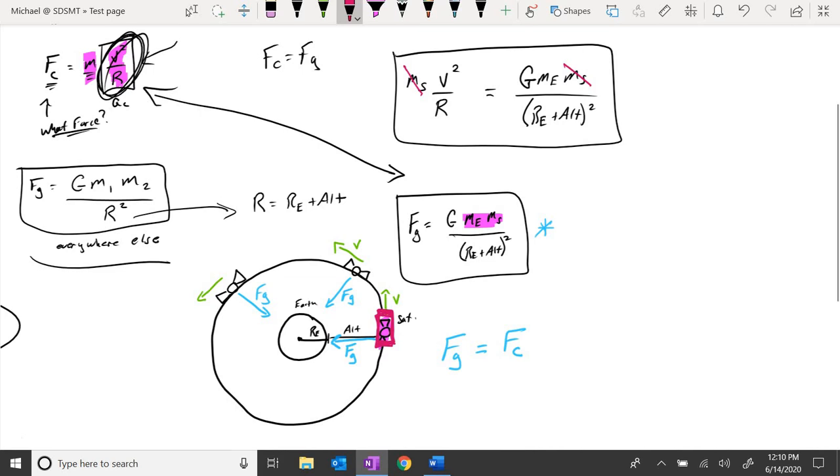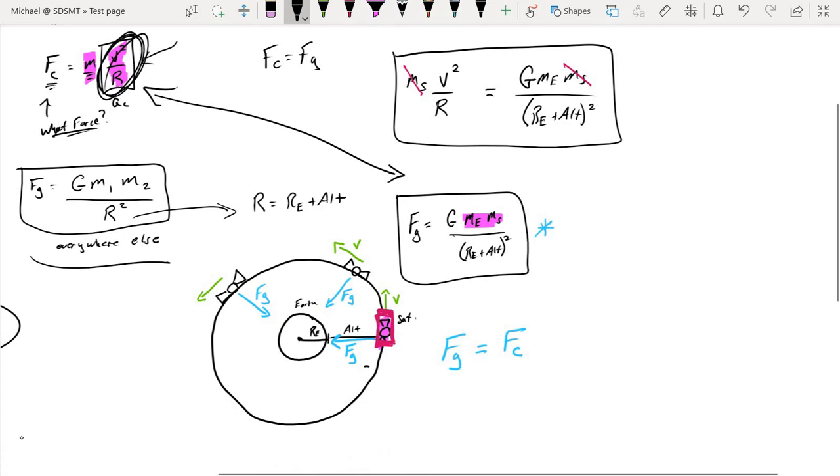Once we get that up into orbit, it's basically going to get a free ride around the Earth by balancing out the gravity force, which is constantly trying to pull it in towards the Earth, versus the velocity, which is constantly trying to carry it out into space.